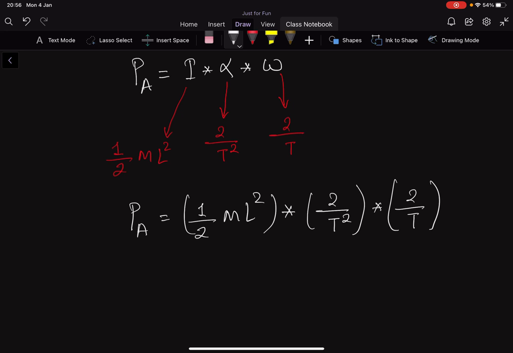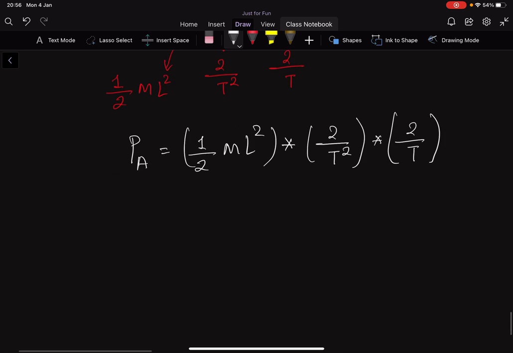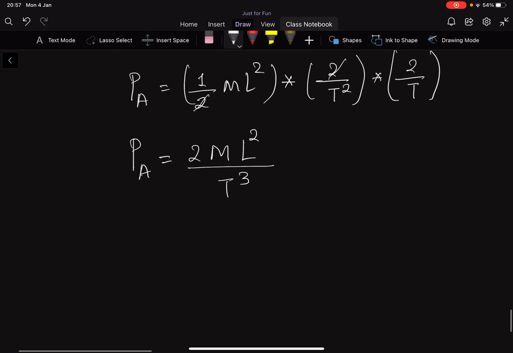Once we have all of this, let's put them together. What we are left with is m, L square, and then t square multiplying with t, so we're going to get t cube.